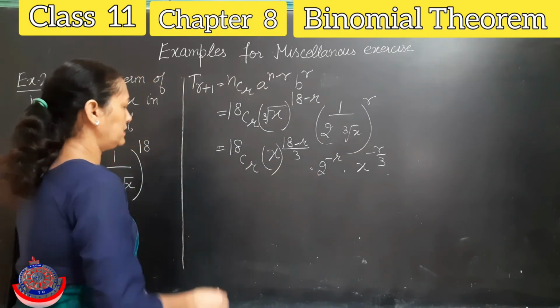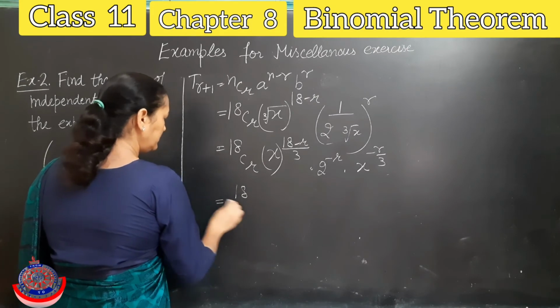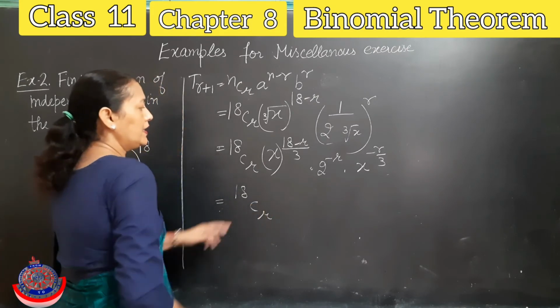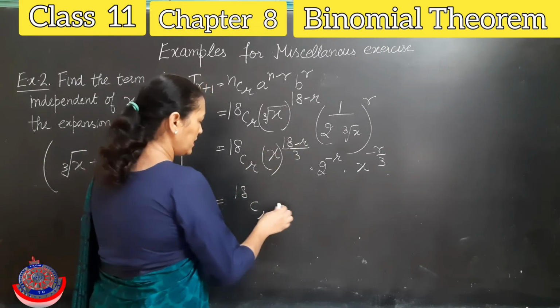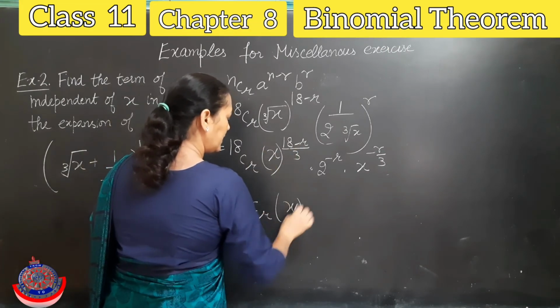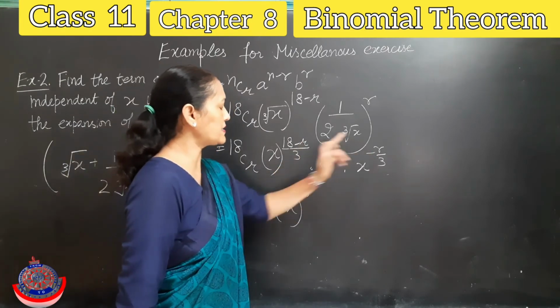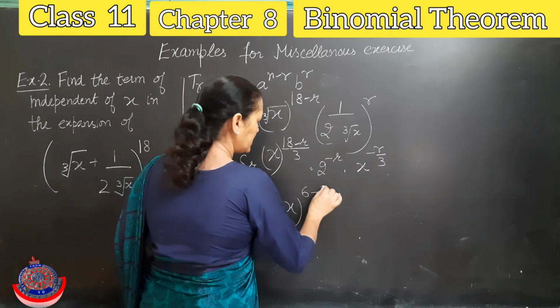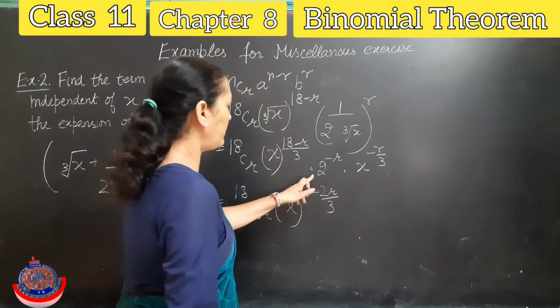Now if we combine like terms, 18Cr, x is having 18 upon 3 means 6, then minus r upon 3 minus r upon 3 means minus 2r upon 3, then 2 power minus r.